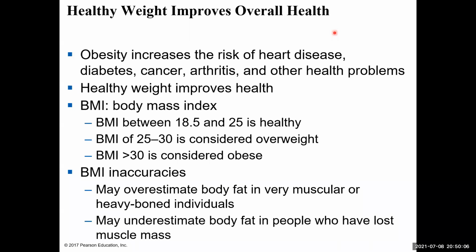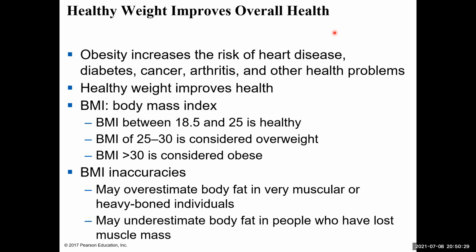Now, if you have a BMI of 25 to 30, then you're technically considered overweight, and a BMI of 30 or greater, you're considered to be obese. And then your risk for those different factors increases as your BMI increases, getting towards the obesity part of that BMI scale.